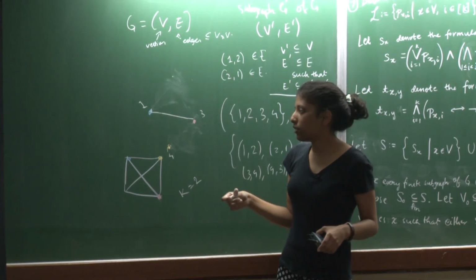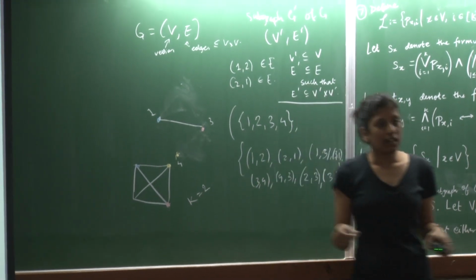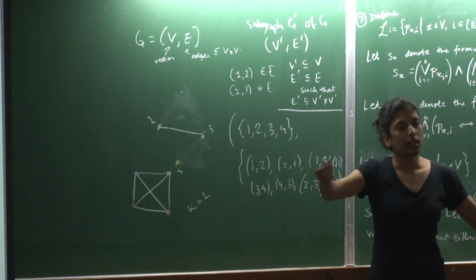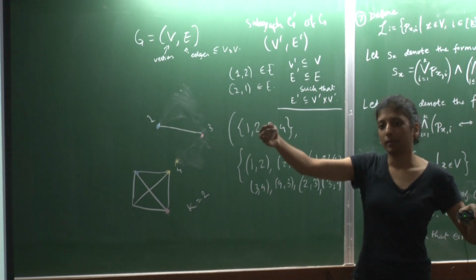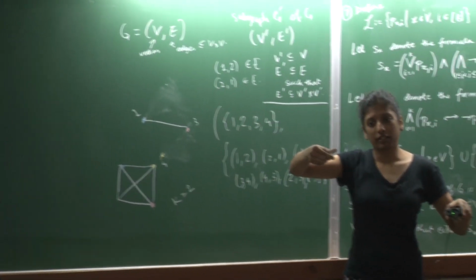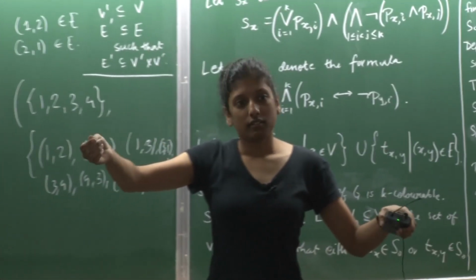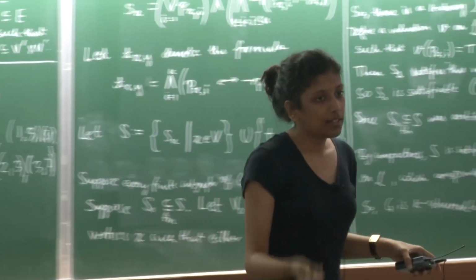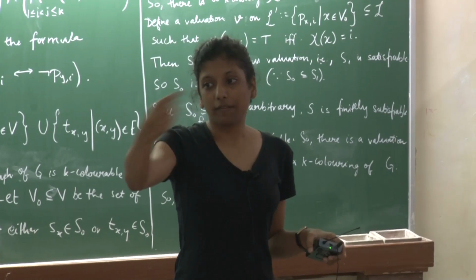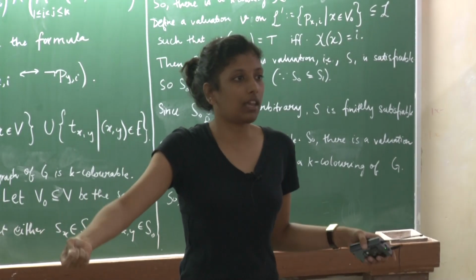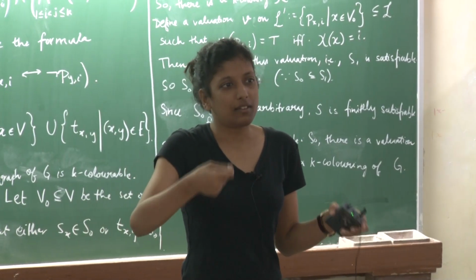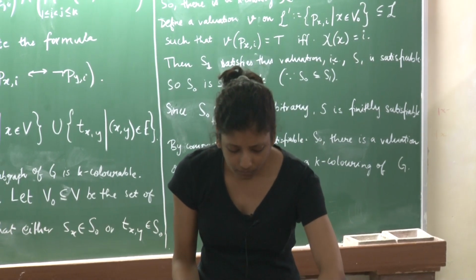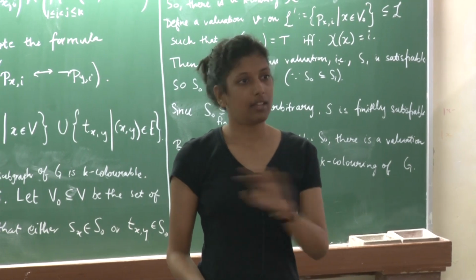Right? Do you think this would hold in general, that if I take a graph and I take a subgraph of it, if the original graph was k colorable, should the subgraph also remain k colorable? Yeah? Right? Okay. So that means that one side is obvious. If a graph is k colorable, then every finite subgraph must be k colorable. In fact, every subgraph will be k colorable, even if you remove the finiteness condition. So, any questions?